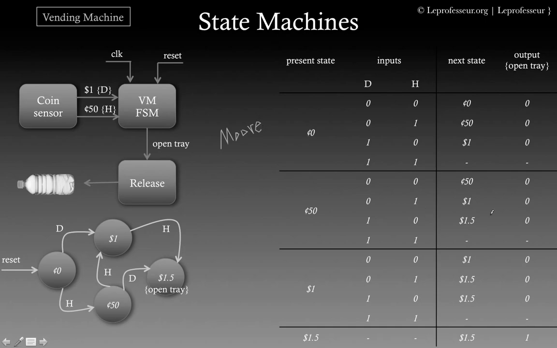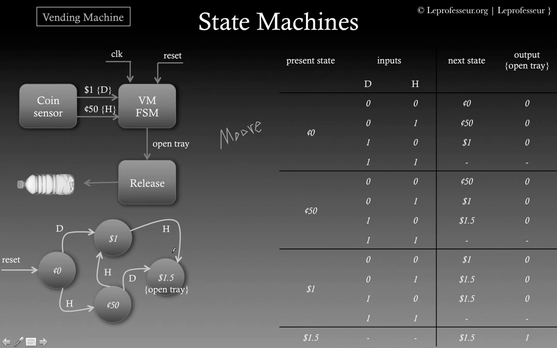As you can see here, after putting a dollar while the machine was in the 50 cent state, it reaches the state $1.50, and it doesn't output anything. It waits for the next clock edge, and it is in the $1.50 state, and in that state it outputs 1.